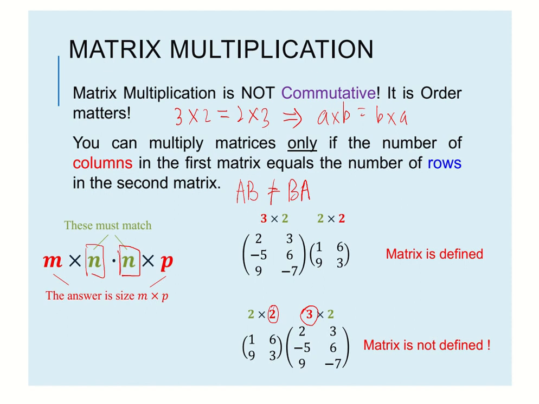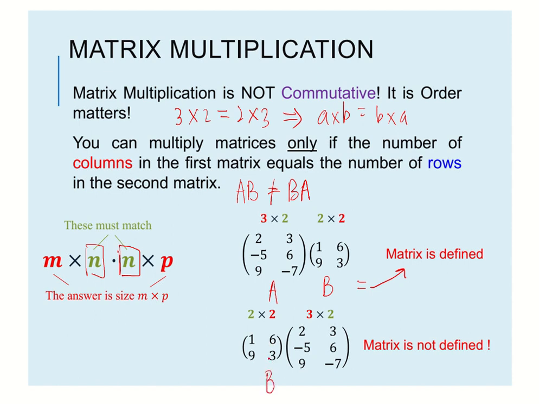All right, now maybe some of you noticed that the two examples here are actually the same matrices. Let's take this matrix as matrix A, and the 2 by 2 matrix as matrix B. For the first example, we have matrix A times B. Now, A multiply B is defined, because we can actually perform the multiplication.